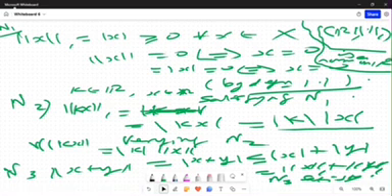Because N1, N2, N3 are satisfied, so it's a norm on R. So that's good. We have just shown a norm using R1.